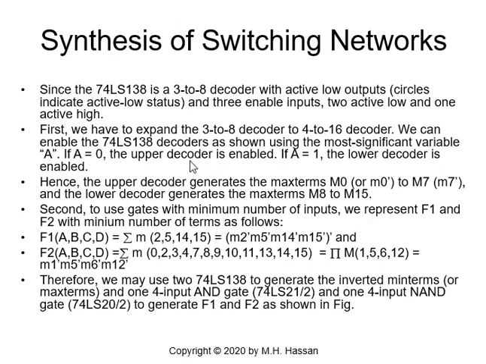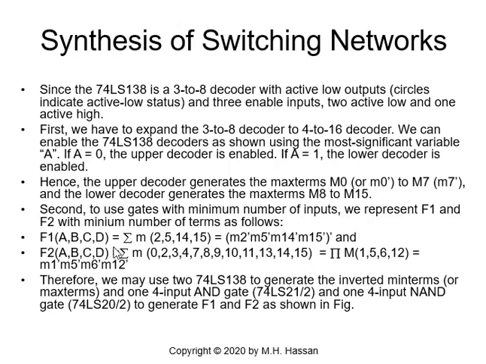We can enable the 74 decoder shown using the most significant switching variable A. If A is 0, the upper decoder is enabled, and if A is 1, the lower is enabled. Hence, the upper decoder generates the max terms M0 prime to M7 prime, and the lower generates the max terms M8 to M15.